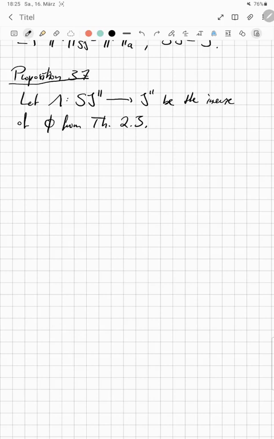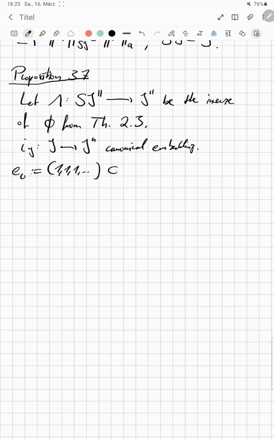Now, En will, of course, denote our basis, and we want that this denotes the canonical embedding. And we will define the following vector, E0, to be the constant 1 vector, which is an element of Sj dash dash. And now we will have 4 statements.